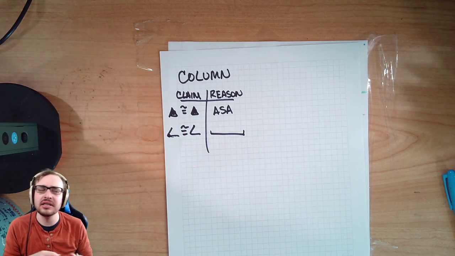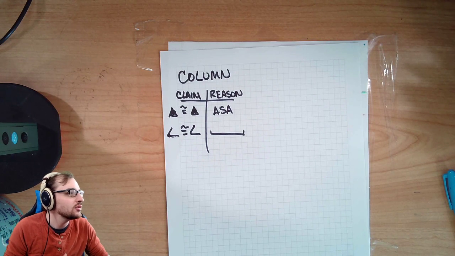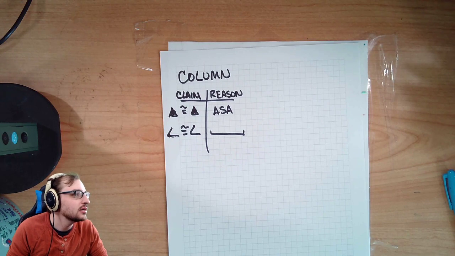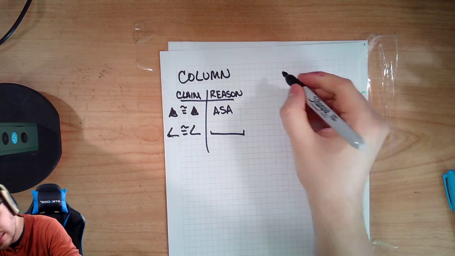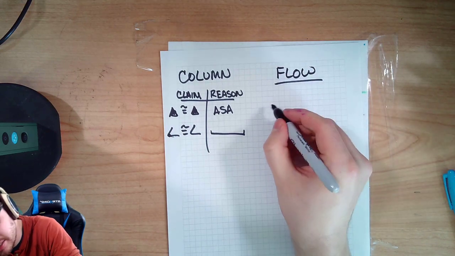The other thing they can do is called, let's see, I think it's an arrow proof. I'm trying to look in your homework to see what they call it specifically. Hopefully they don't make you do it. Oh, I think it's a flow proof. Flow proofs are like this.